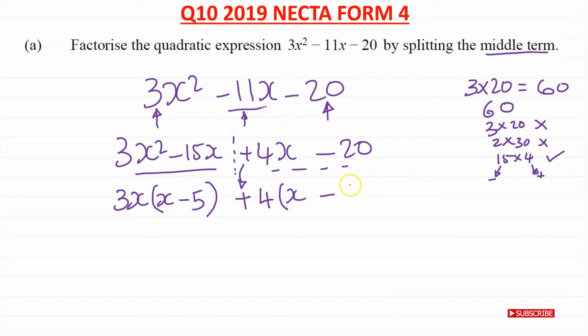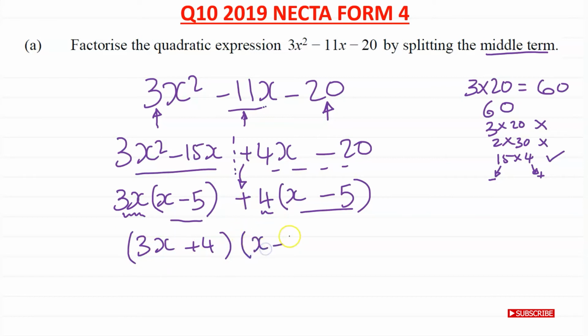Well, 4 times 5 is 20. So I close my bracket. Now you can see we have two brackets which are the same. We're just going to use one of them, and the other bracket is made up of the 3x and the 4. So 3x plus 4 for one bracket, and then I take one of those common brackets. Now this expression is factorized.